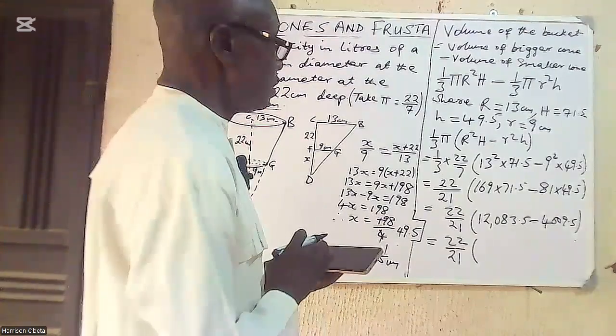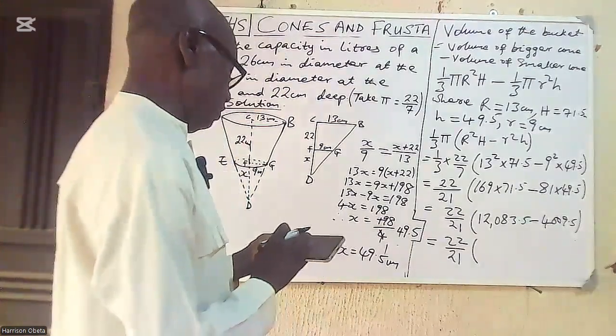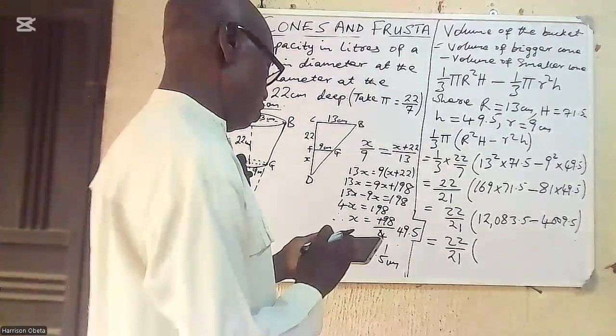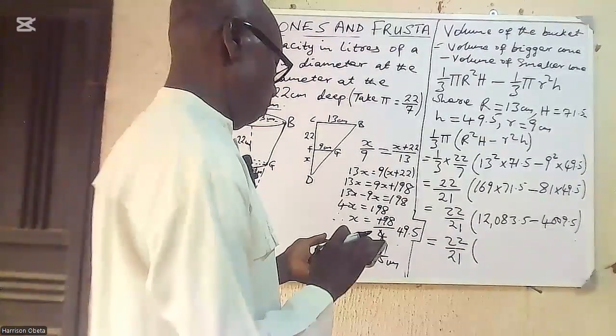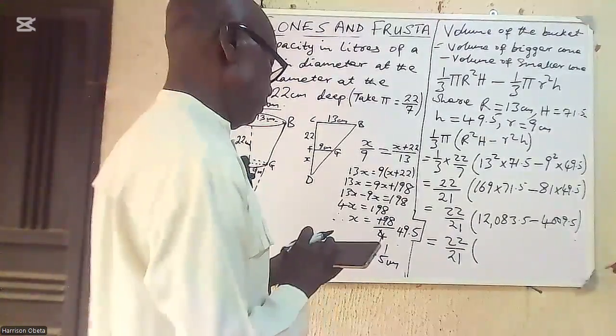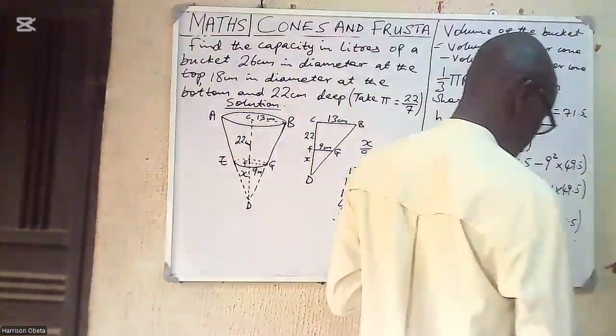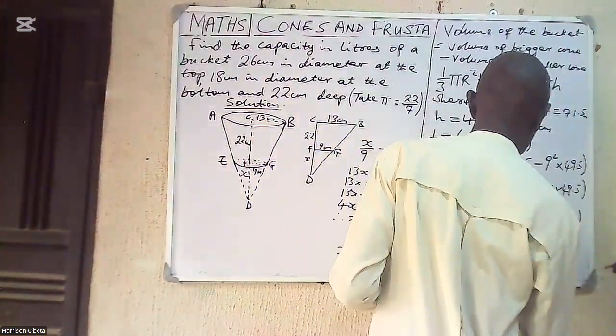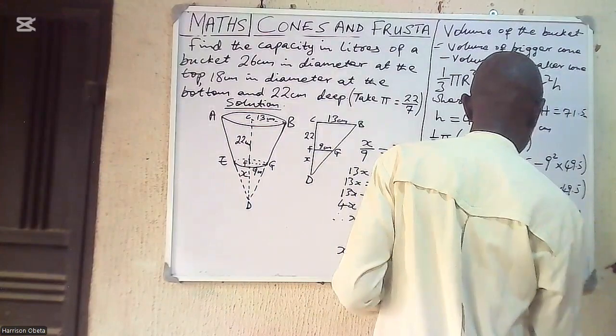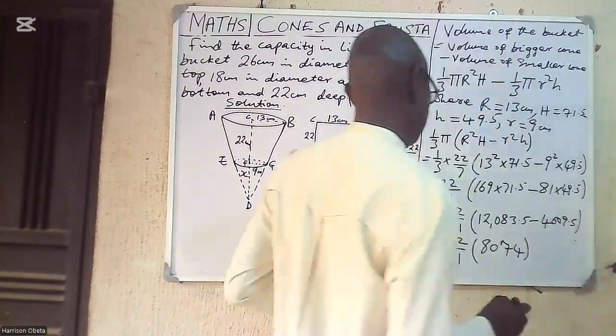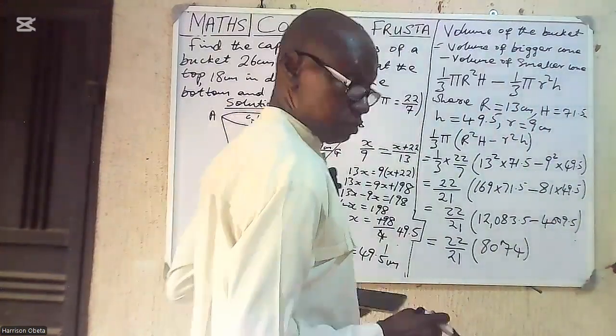We are subtracting 4009.5. That is 8074. Okay.